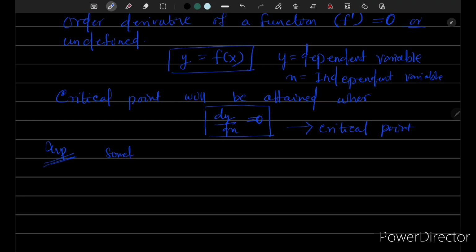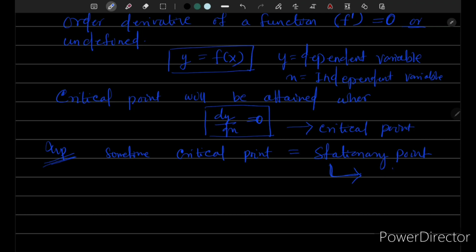This is an important thing to remember. Sometimes a critical point is called a stationary point. So what is a stationary point?